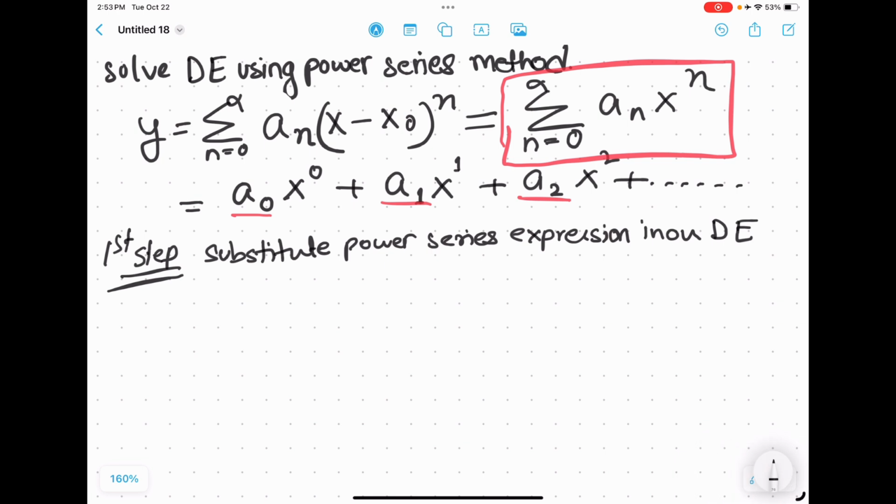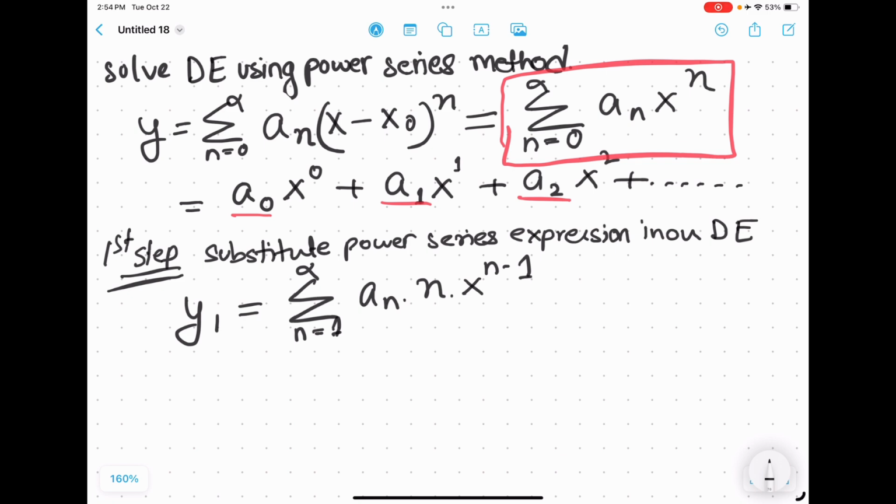We have seen in our previous video that our first derivative of y is the summation from n equal to 1 to infinity of a sub n times n times x to the power n minus 1. When we take our first derivative, always remember that n starts with 1 instead of 0.